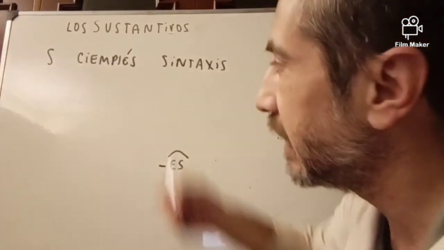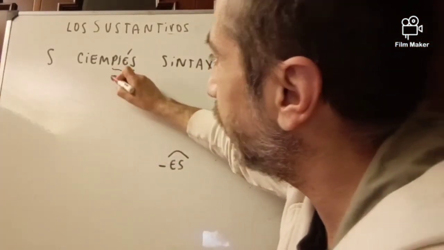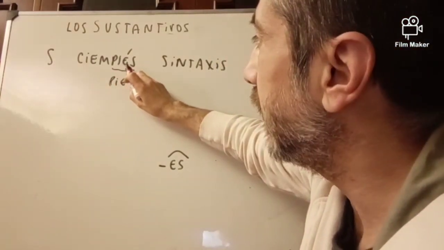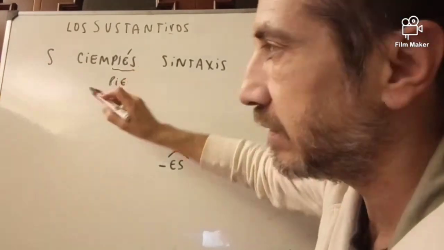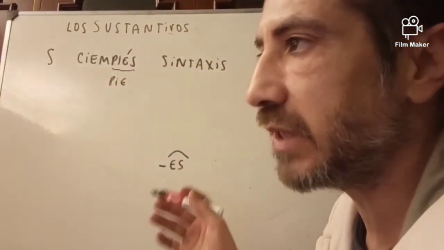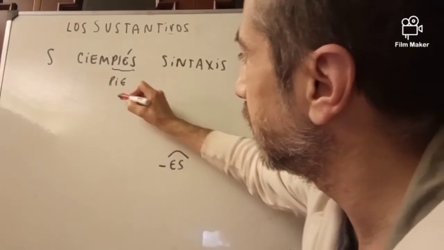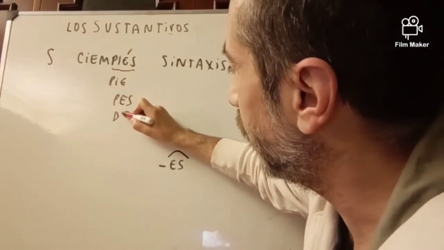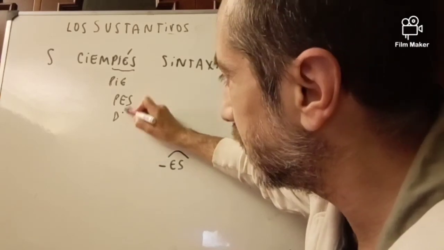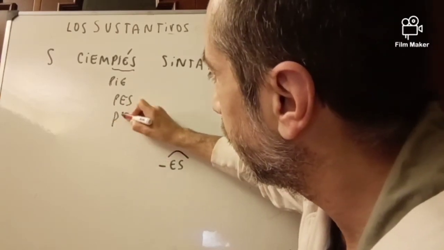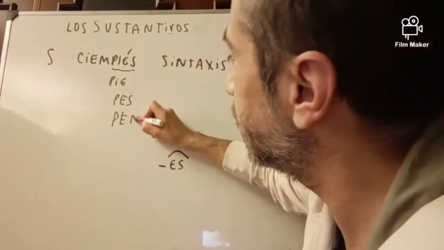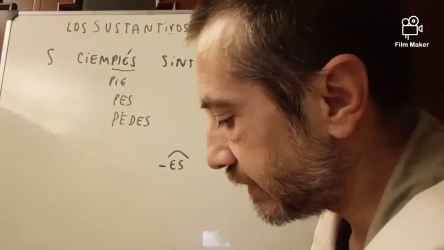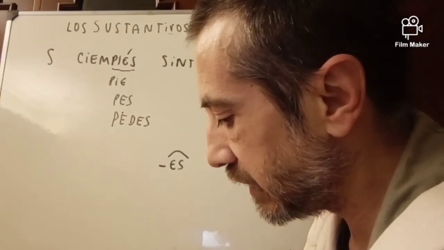Cien pies, this is already the plural of pie, that is foot, and pies means feet. In English you have centipede because it comes from Latin. Latin is pes, the singular foot, and pedes is the plural, the third declension.